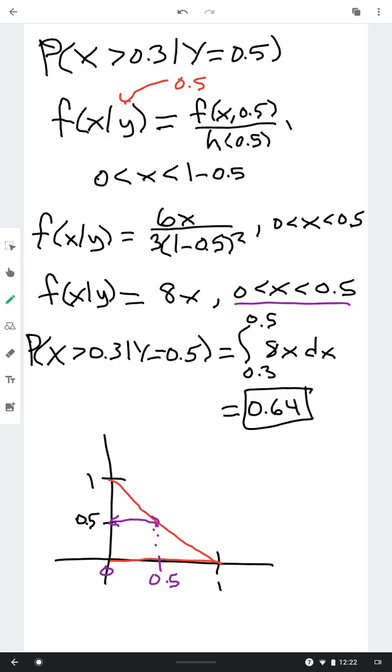That's what we're seeing in our example. It's restricting our limit, so that if we know that Y is 0.5, then X cannot go any further than 0.5 itself in the xy plane. All right, that's it for that particular example.